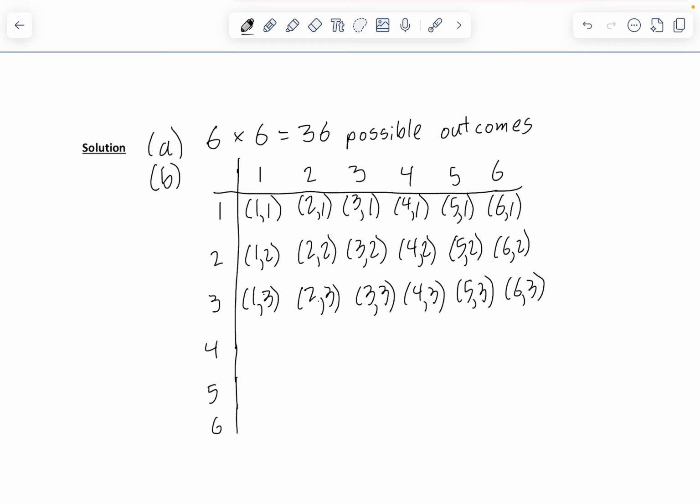You know what, let's actually go ahead and fill in the table because we're gonna use it for the next example. It won't take that much time.